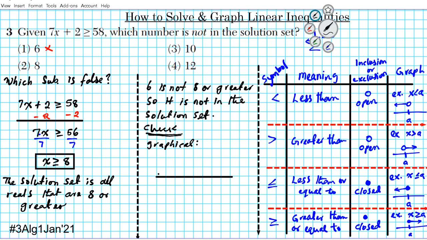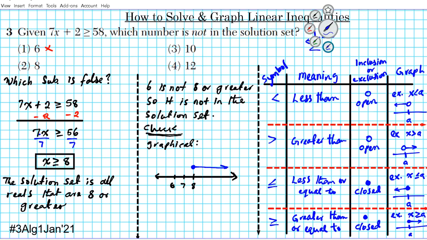You draw a number line and call this 8. Now we need 6, because that's the number we said is not an answer. We need 7 and then 8. To graph x ≥ 8, you have 8 inclusive and everything to the right.